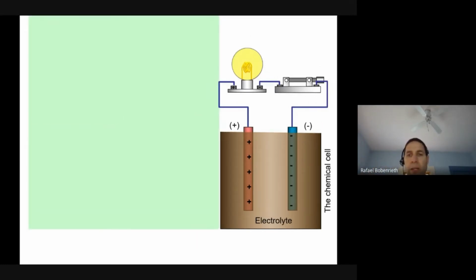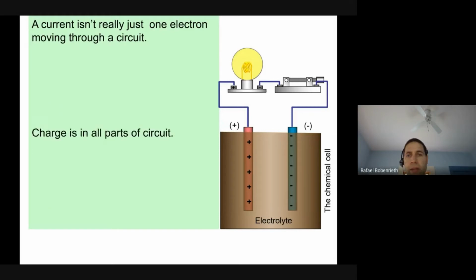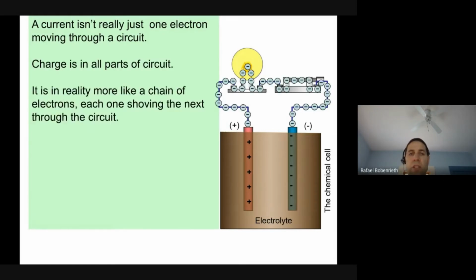You can think of it more as something like this, okay? You can think of charge as being distributed in all parts of the circuit, as you can see there, because again, there's electrons, protons existing throughout the circuit. But what does happen is when you connect that circuit, it's kind of like you are holding on to a hula hoop. We would do this in class, by the way.